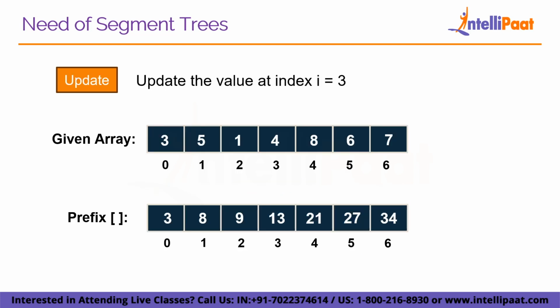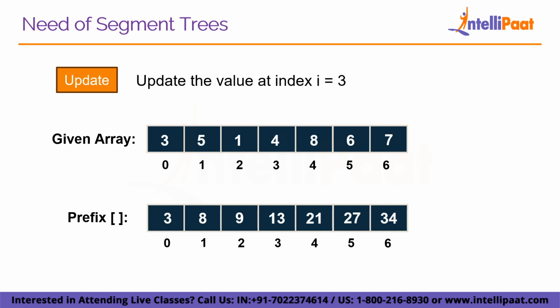So, let's see the update using this method. What do you think? Can we directly update as we did in the previous approach? I guess no, because we have the given array which contains the elements 3, 5, 1, 4, 8, 6 and 7, but in the prefix sum array, we have the elements 3, 8, 9, 13, 21, 27 and 34.